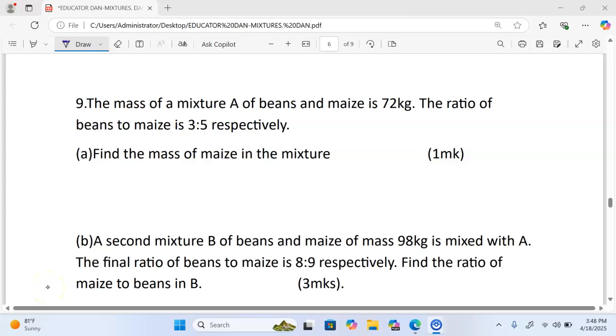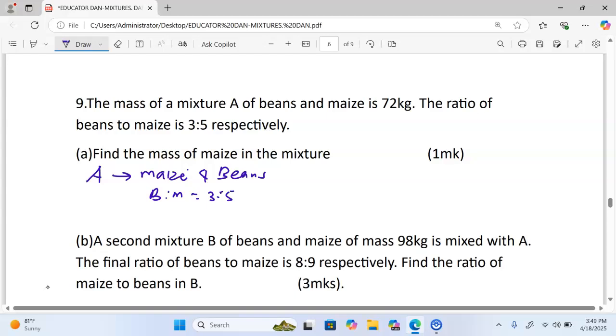We have a mixture A that is made up of maize and beans. And we have been told that beans to maize is 3:5.